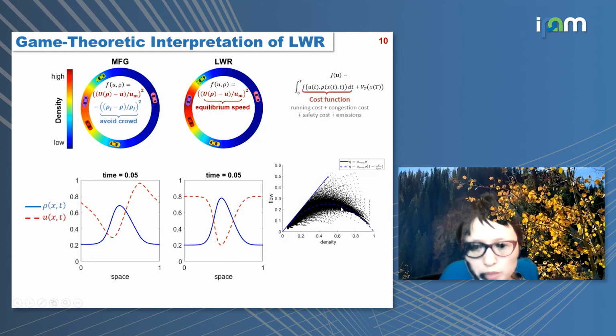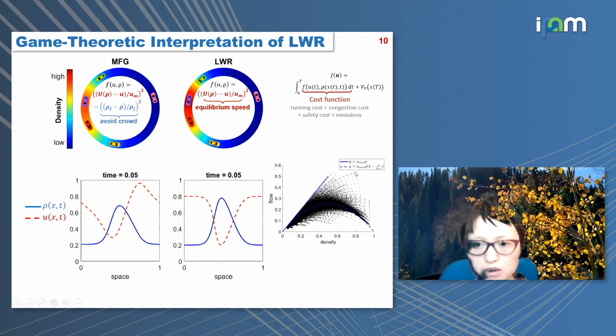Probably if I show the fundamental diagram, it's clearer. The blue dotted line is the Greenshields fundamental diagram with the density and the flow. The black dots are from fixing some locations, assuming we have virtual loop detectors, and measuring the flow and the density. These black dots are from the mean field game. If you connect all these dots for one car, you will see our fundamental diagram is flower-like.